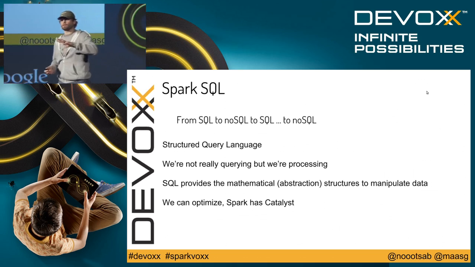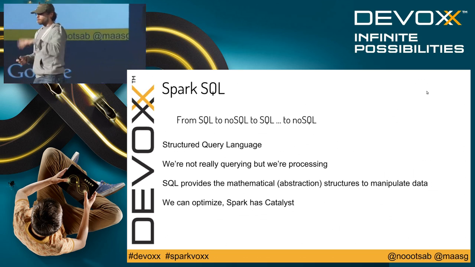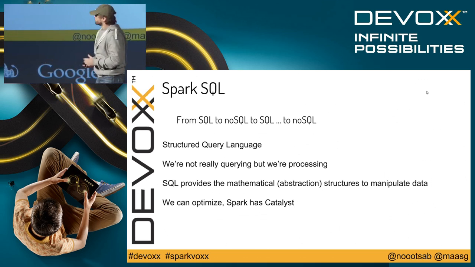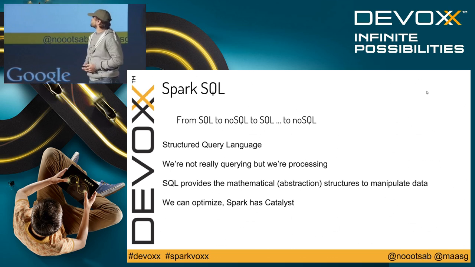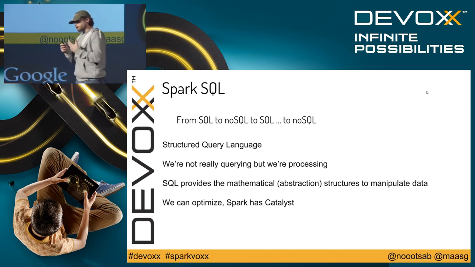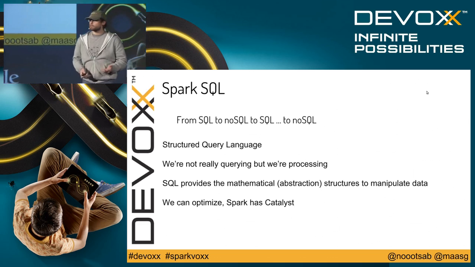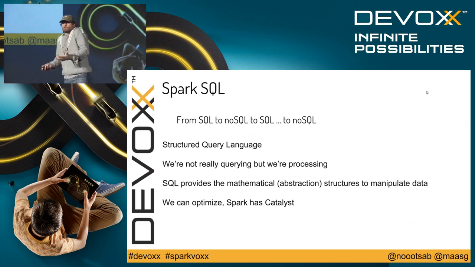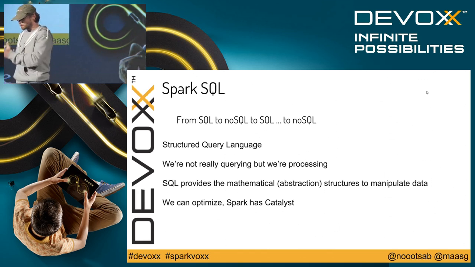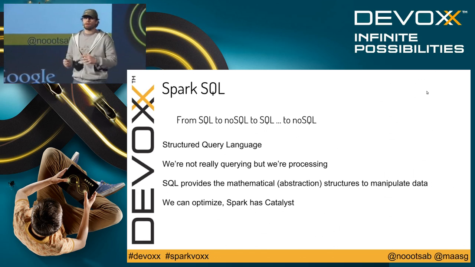Even though the JDBC connector has been built for all of those, the inner representations are quite different. But now we are talking about processing, not really querying, okay? So Spark is not something that you expect to query online, right? Even if this stream can let you think about it, it's not really that.